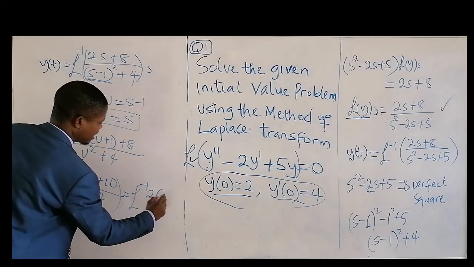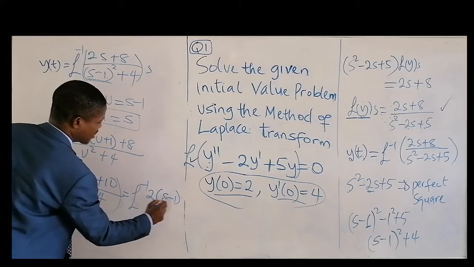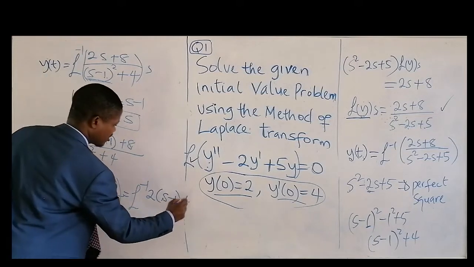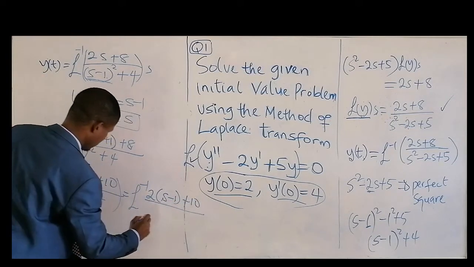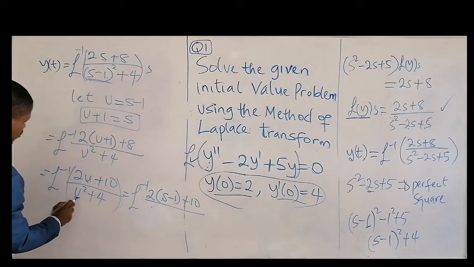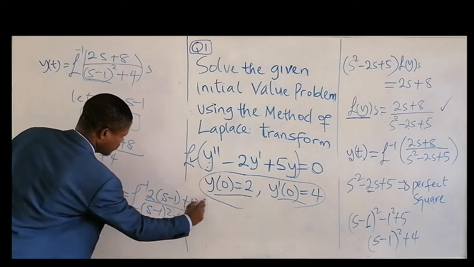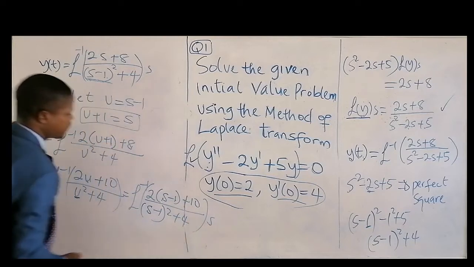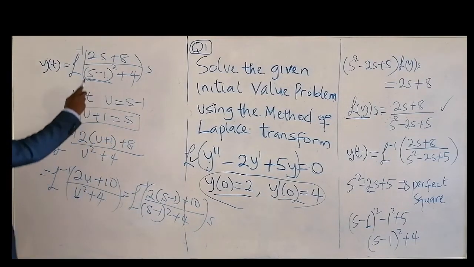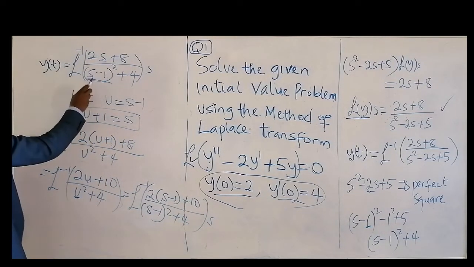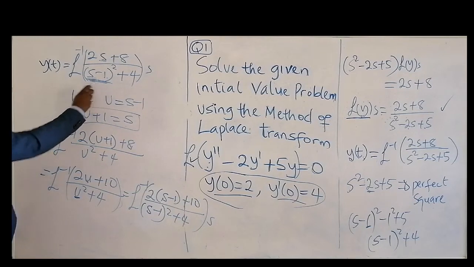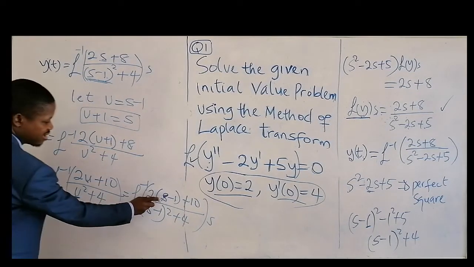The next thing to do is to return the u back to the original function. That will be 2 into the bracket s minus 1, plus 10, all over s minus 1 squared plus 4. So we achieve the target of turning this function into s minus 1. You can see this is it.